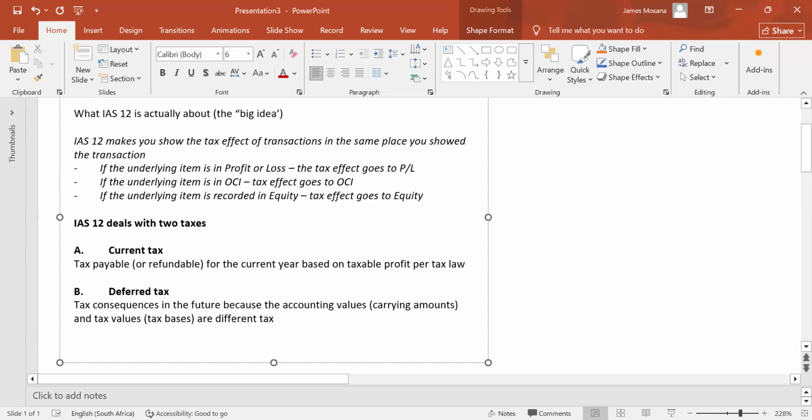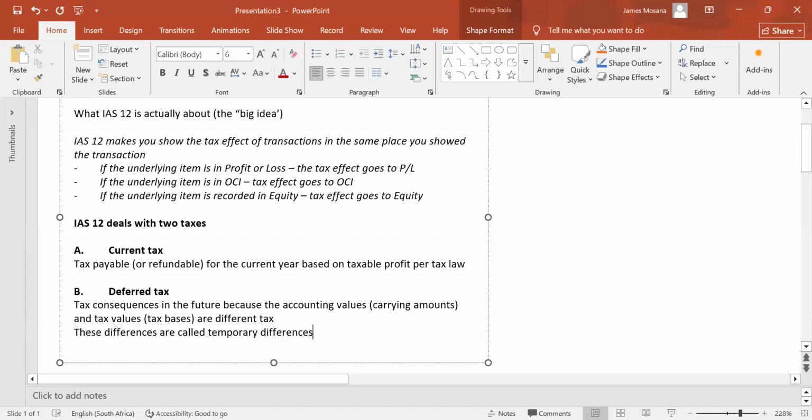And now, these differences are called temporary differences. So this is the current tax and deferred tax.